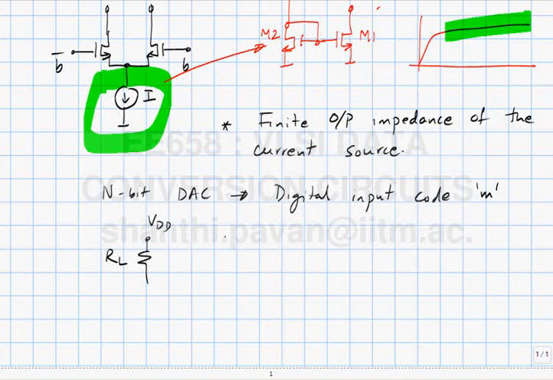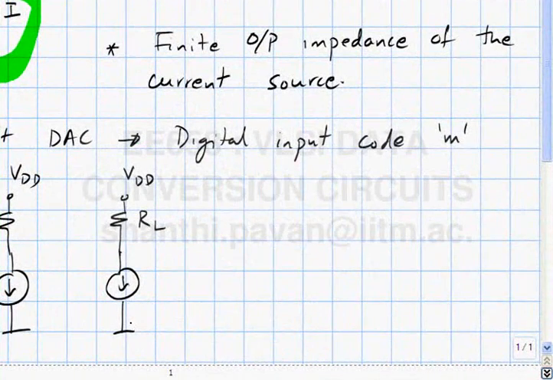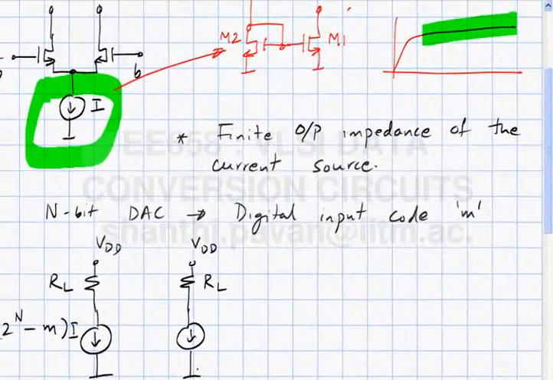So this is one set of current sources, and this is the other output. On one side there will be approximately 2 to the n minus m times I. On the other side, see how many current sources we are steering to the right and how many to the left. There are m currents.